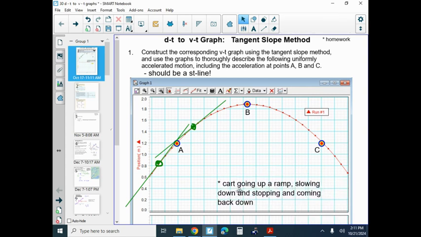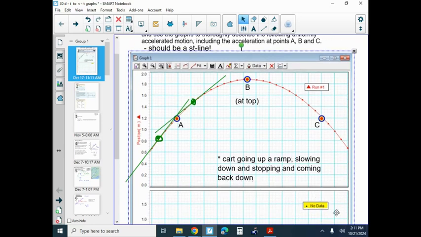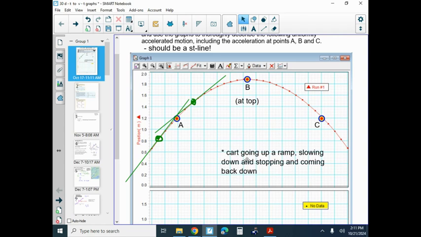Based on that, I think it'd be good for you to answer what you think the acceleration is at points A, B, and C. B is at the top, and then A and C are just on the way up and on the way down. So I'd like you to definitely say what you think on your page when you're submitting it, like what your first thought is about what the accelerations are.